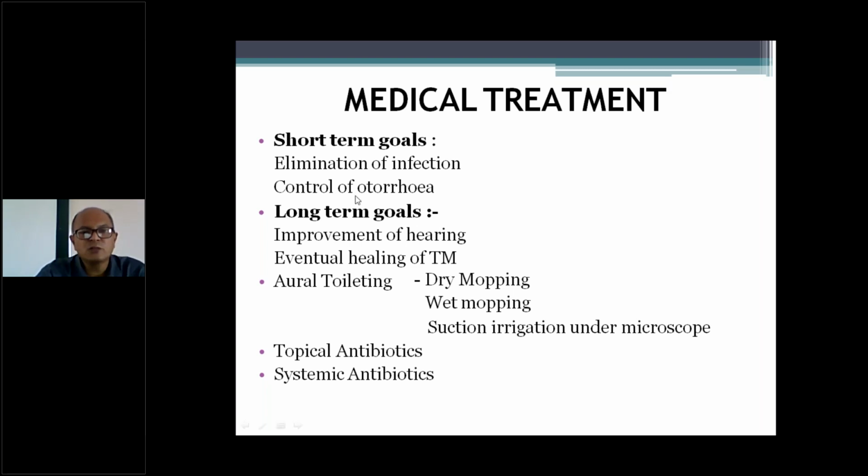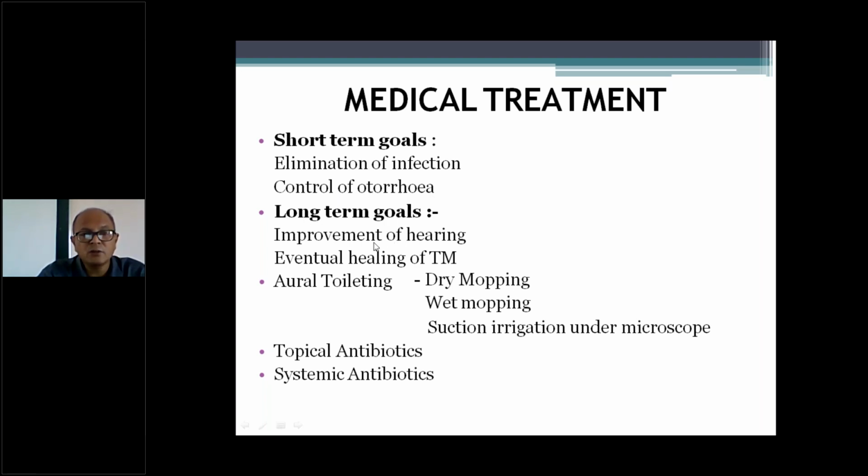So the treatment, mostly short term, is elimination of infection and control of otorrhea, which is very difficult because the source is the infected keratin debris. Till the keratin debris goes on accumulating, the chance of controlling the infection is very less.